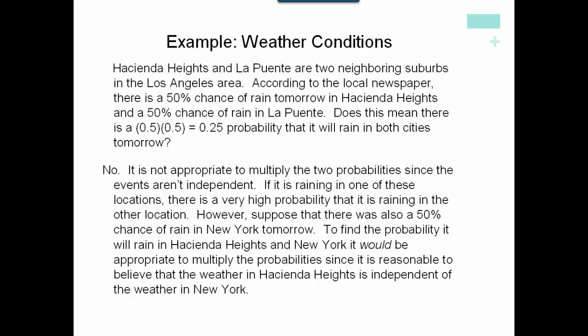If it's raining in one of the locations, there's a very high probability it is raining in the other. However, suppose there were also a 50% chance of rain in New York tomorrow. To find the probability it will rain in Hacienda Heights and New York, it would be appropriate to multiply, since it is reasonable to believe the weather in Hacienda Heights is independent of the weather in New York.